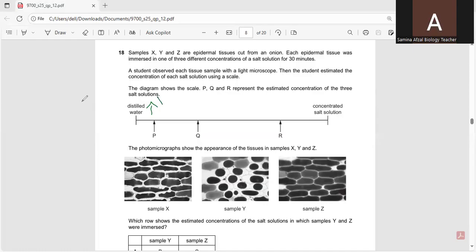Cells become turgid or swell. At Q, as the concentration is increasing, they will become flaccid. Again, this is a very concentrated solution, and they are completely plasmolysed.